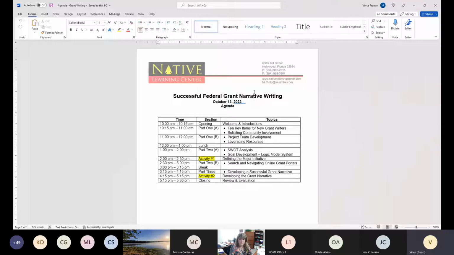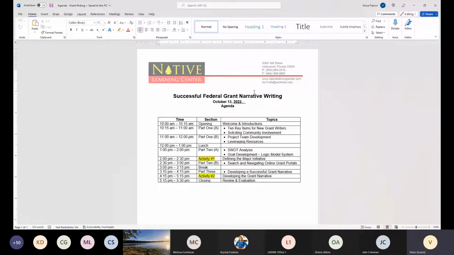It says Part 2A, the second half of the program, early afternoon, and getting into the SWOT analysis. Once you've got an idea and solicitation and information from the community or from your leadership about what your priorities are, then you need to be able to analyze where your strengths and weaknesses are within yourself, within your department, within the tribe, within the organization, to try to understand where those strengths, weaknesses, opportunities, and threats are.